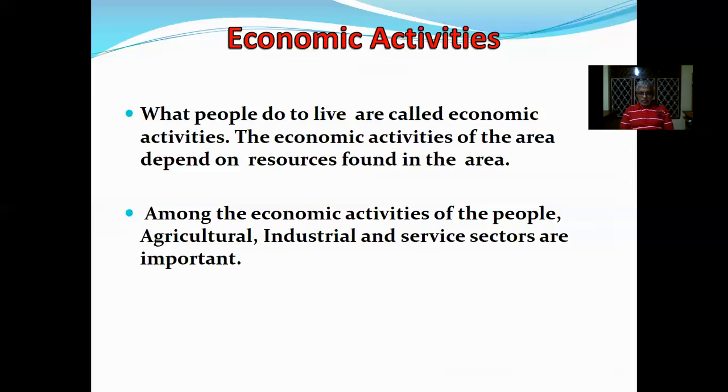I will tell another example. When you go to a coastal area, a lot of people engage in the fishing industry because the facilities to engage in the fishing industry can be found there. Availability of sea, then coast, then bays and lagoons that can be used to build fishing harbors are available in that area.